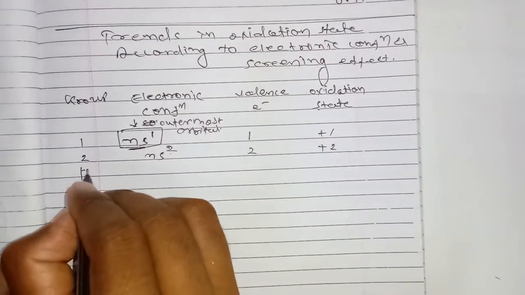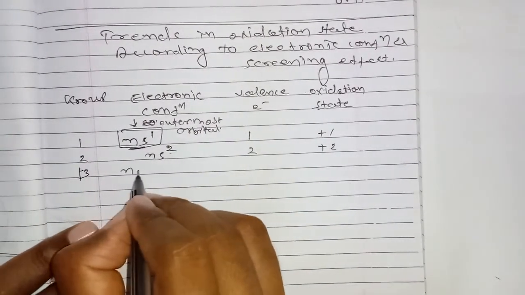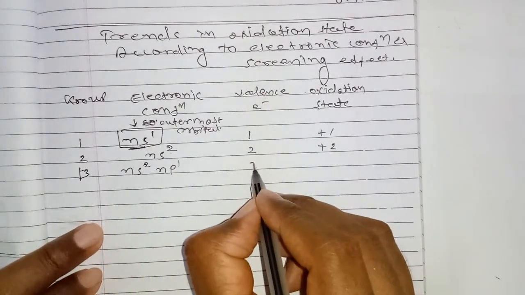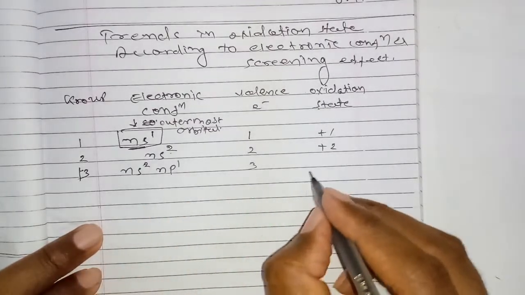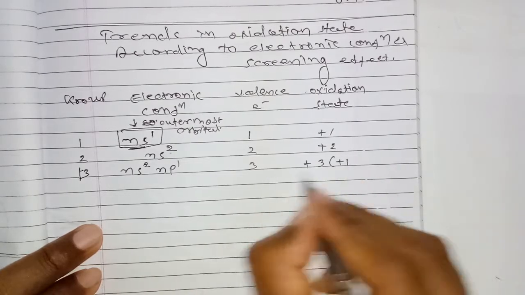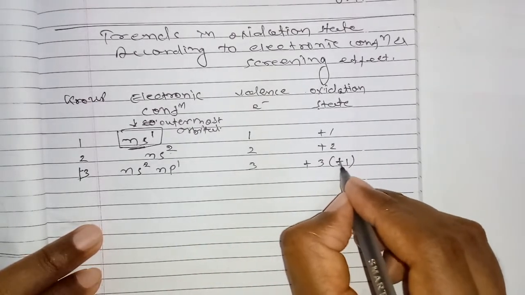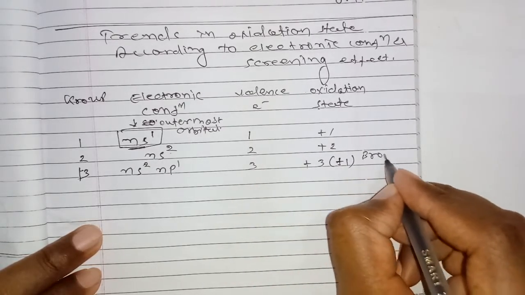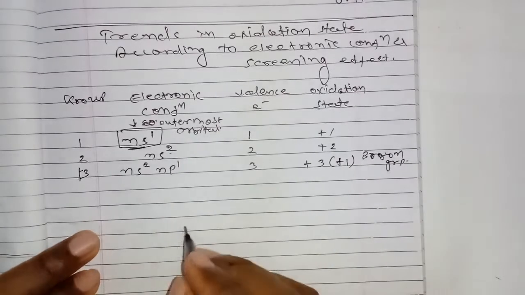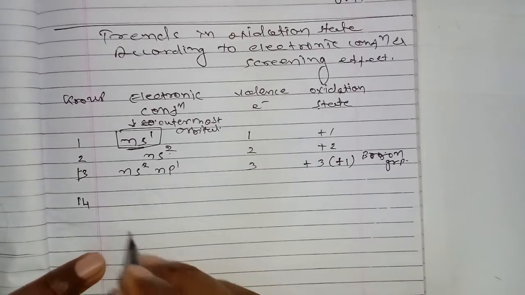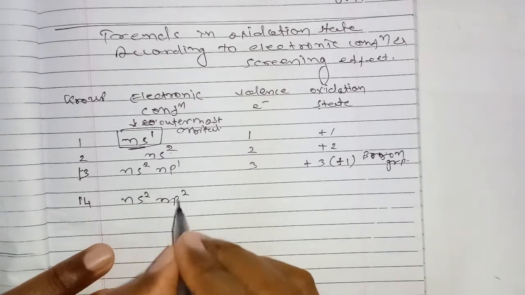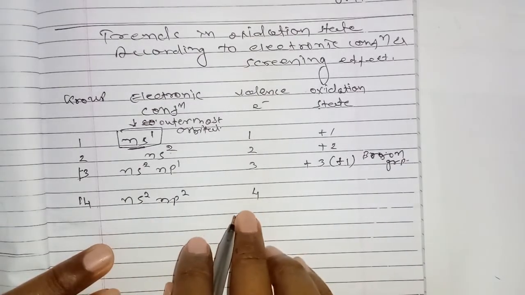For group 13, ns2 np1, valence electrons are 3, and the oxidation state is plus 3, or another oxidation state is plus 1; this is the boron group. For group 14, ns2 np2, valence electrons are 4.